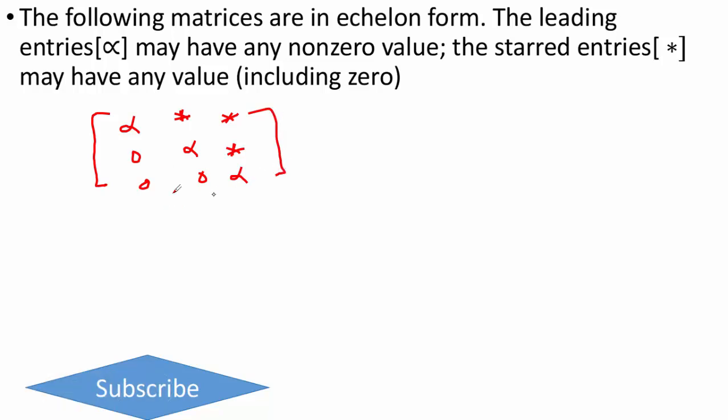This is a matrix in row echelon form, and this is a matrix in reduced row echelon form. That means this is a leading 1 and all other entries in that column are 0.